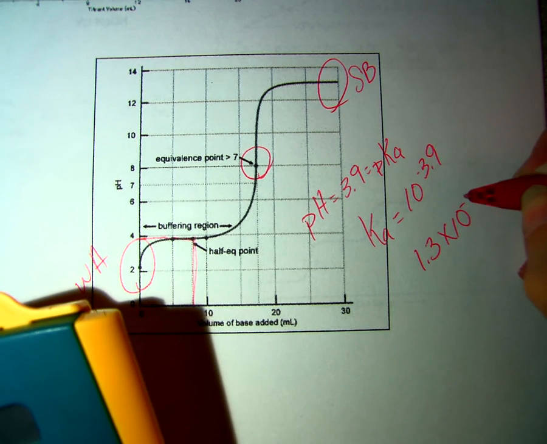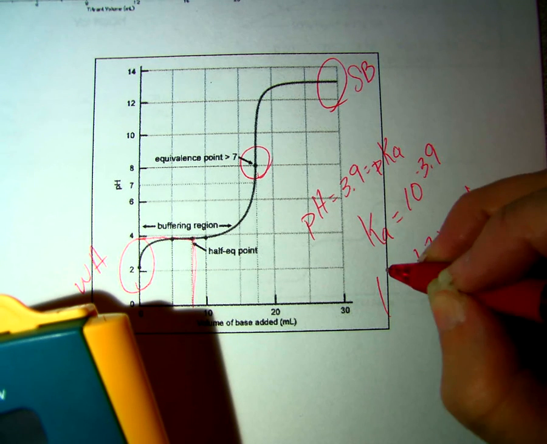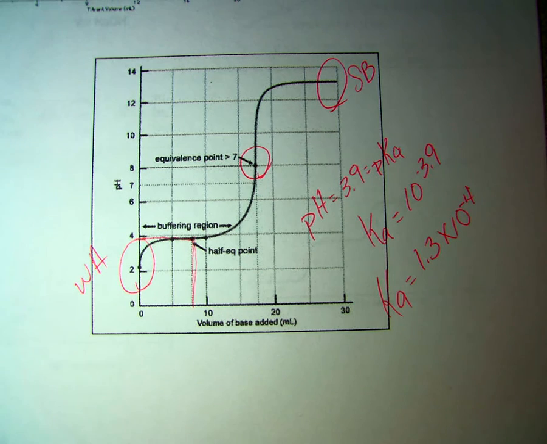Would it be that different if we just got 4 instead of 3.9? No, not really. It doesn't have to be dead on, as long as it's close. Especially if it was a multiple choice question, they would have all of the choices far enough apart that if you knew what you were doing, it wouldn't be anything around that.